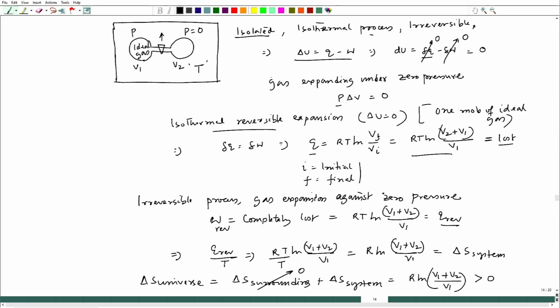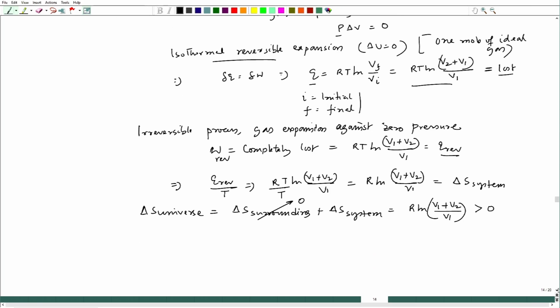So, I could see that when it is an irreversible process, del S is greater than 0, at least in this situation, or I can say del S universe is greater than 0.